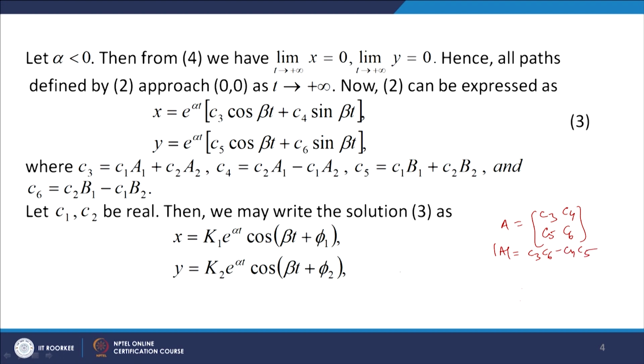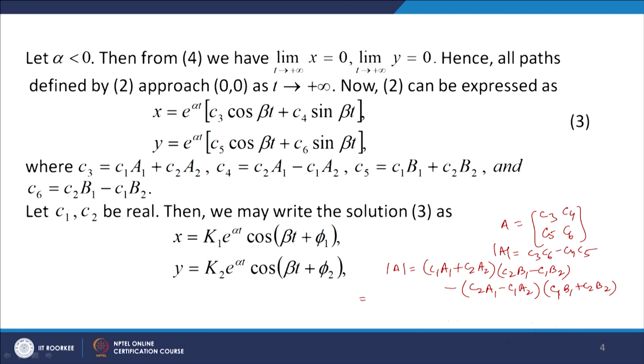If you put the values of c3, c6, c4, c5, what do we get? c3 is equal to c1 a1 plus c2 a2, c6 is equal to c2 b1 minus c1 b2, c4 is c2 a1 minus c1 a2, and c5 is c1 b1 plus c2 b2.